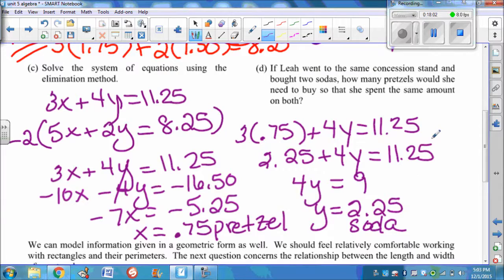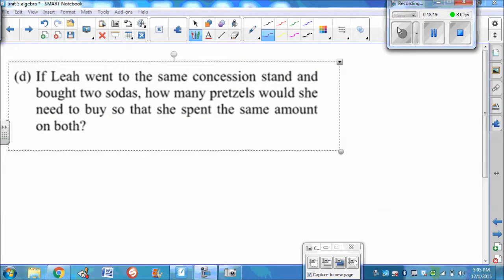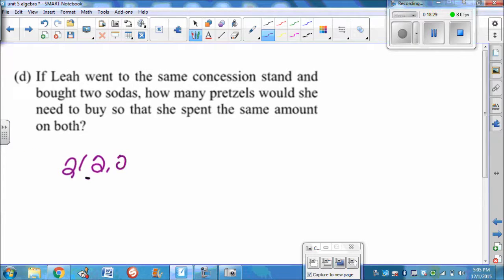If Leah went to the same concession stand and bought 2 sodas, how many pretzels would she need to buy so she spent the same amount on both? I'm going to pause on that one. I'm running out of space, so I needed to create a little here. So 2 sodas, 2 times 2.25, and how many pretzels would she need to buy so that she spent the same amount on both?